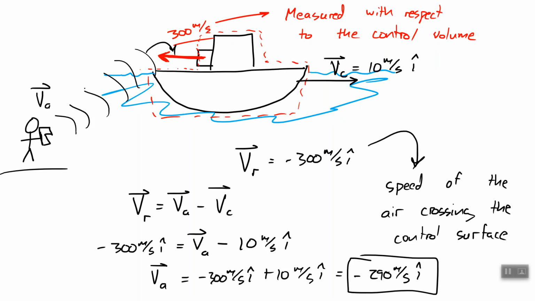So according to this speed gun, the air is moving to the left at 290 meters per second, but that is not what we care about.